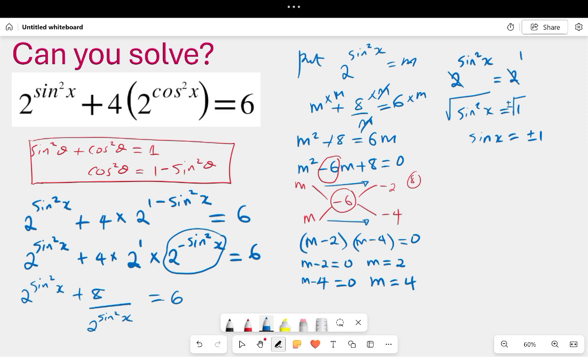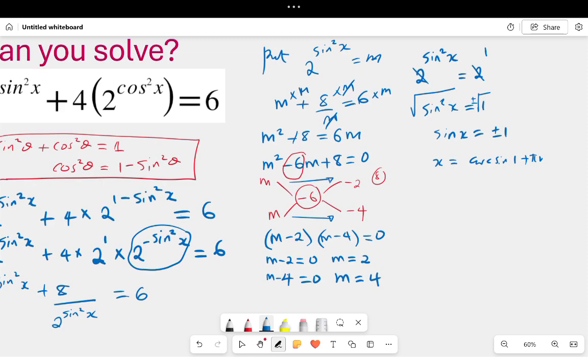In this case, therefore, x should be equal to the arcsine of 1 plus pi n.